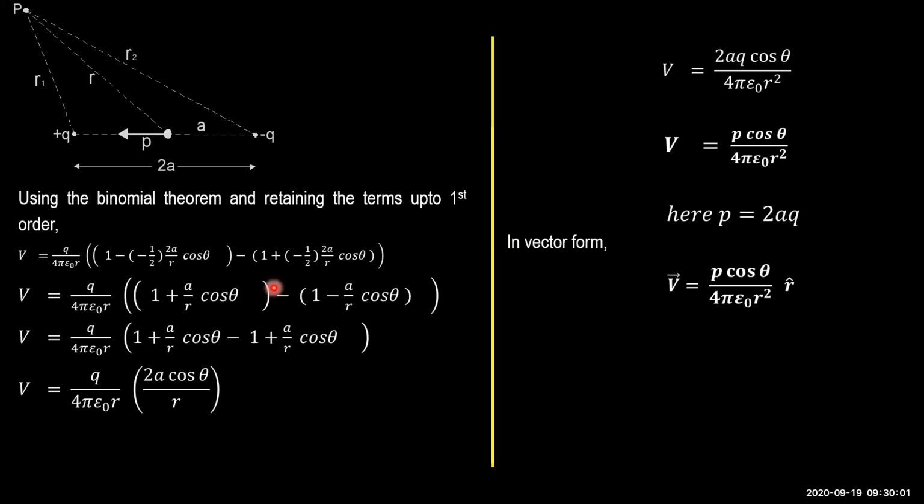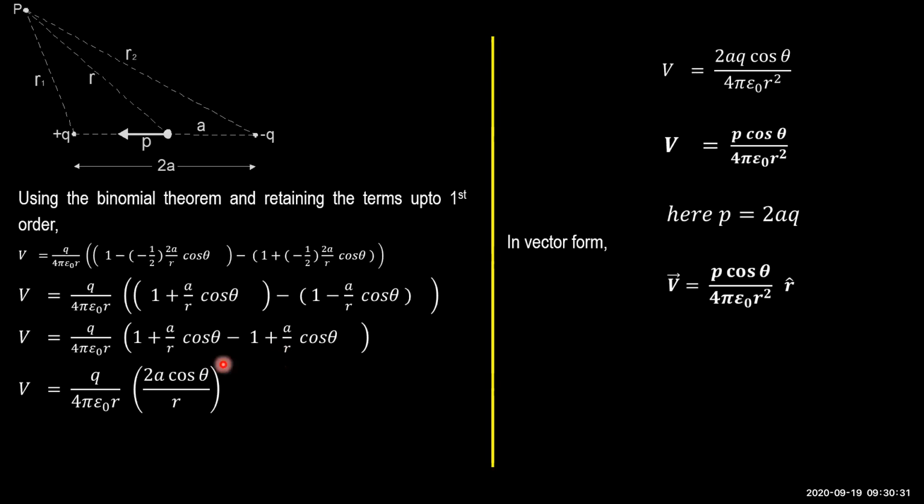Now open the inner brackets. We get 1 plus a by r cos theta. Then multiply minus with both terms: minus 1, and minus into minus plus, so a by r cos theta. So we opened the brackets and multiplied the signs wherever necessary.